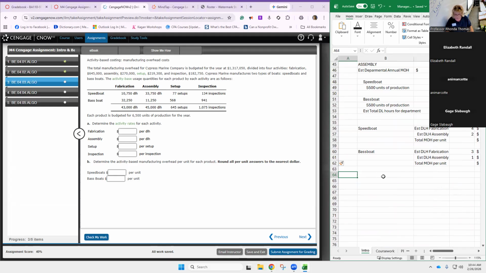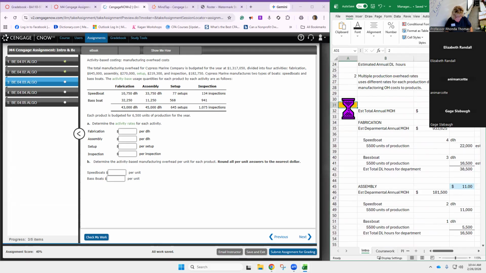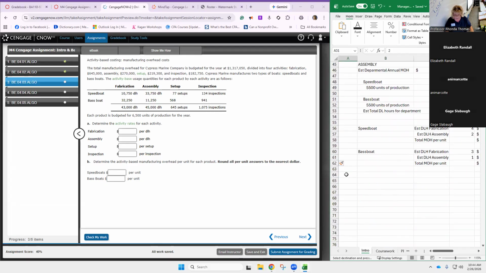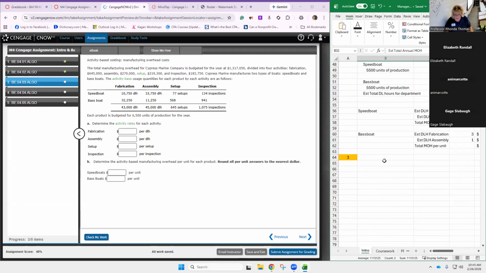I'm going to make this copy and bring it down here for number 3. And then one more time, I'm going to borrow this. And I know I've got to change the amount. That's okay. It sets me up.